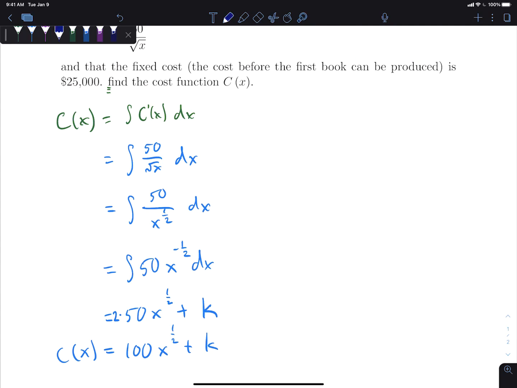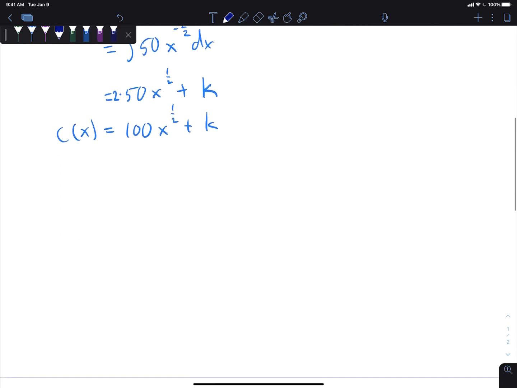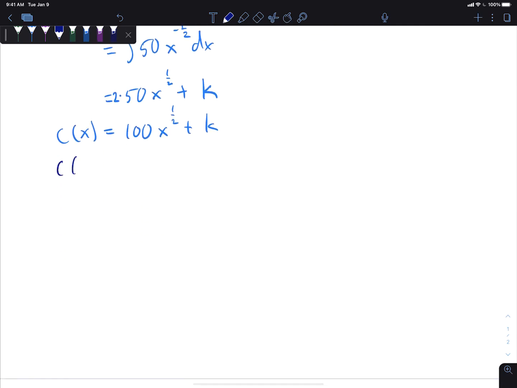And we see the initial condition here, that the fixed cost is $25,000. In other words, that's telling me that C of 0 is $25,000. So come down here and figure out what is C of 0.